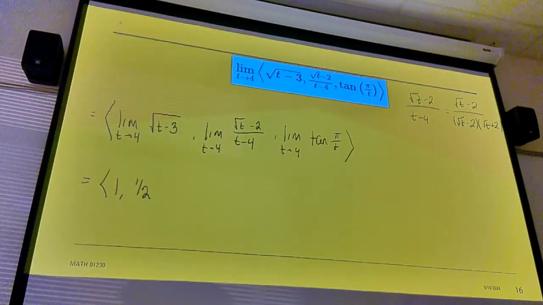Now plug in 4, you get 1 over 2 plus 2, which means it should be 1/4. And what is that third limit? 1. So there's your limit.